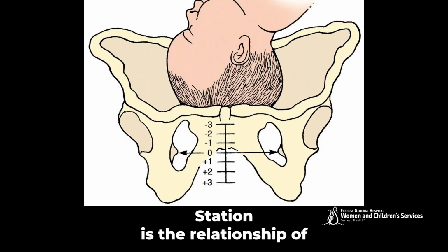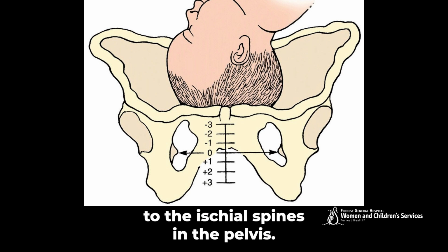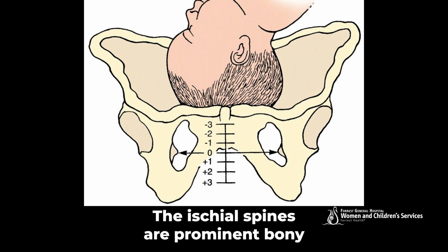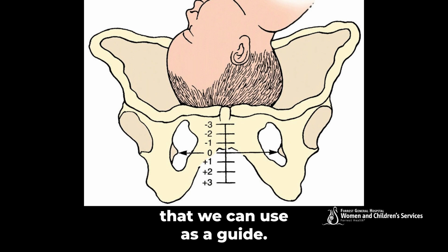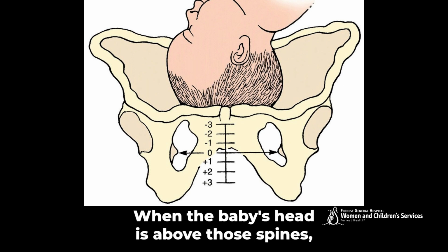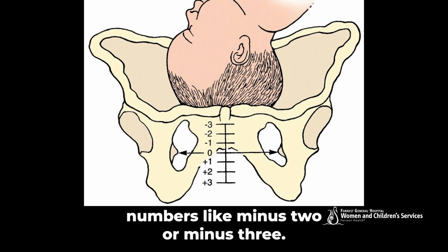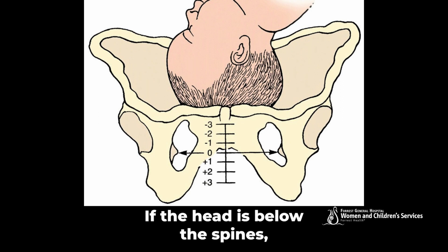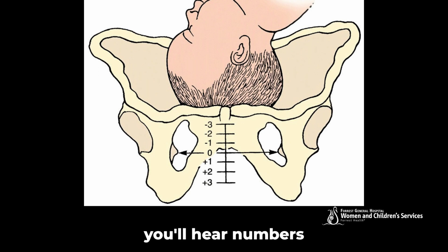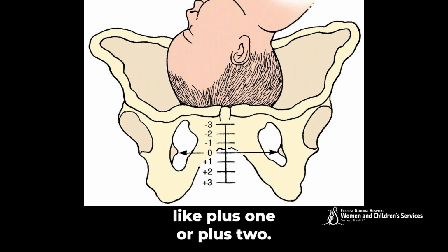Station is the relationship of the baby's head to the ischial spines in the pelvis. The ischial spines are prominent bony areas in the pelvis that we can use as a guide. When the baby's head is above those spines, you'll hear numbers like -2 or -3. If the head is below the spines, you'll hear numbers like +1 or +2.